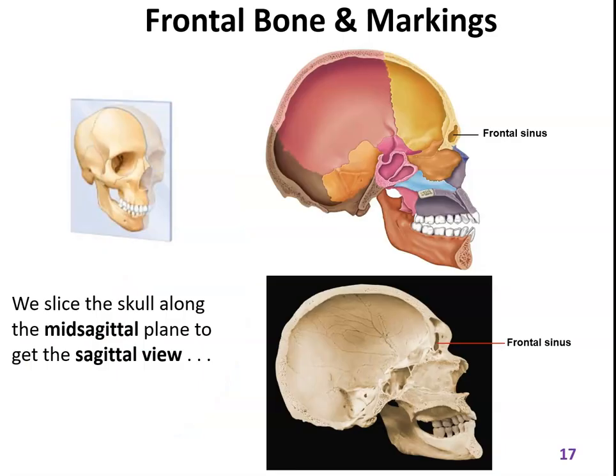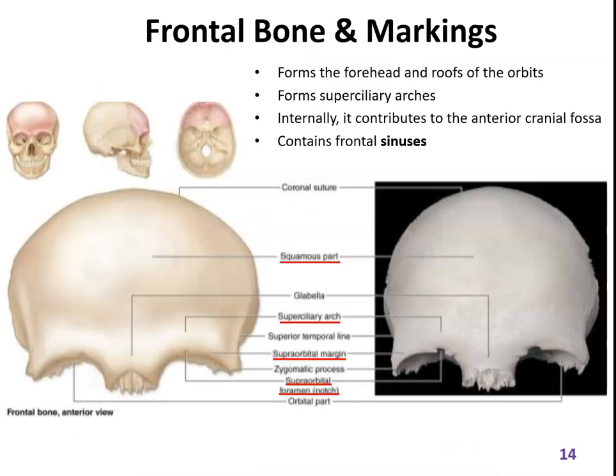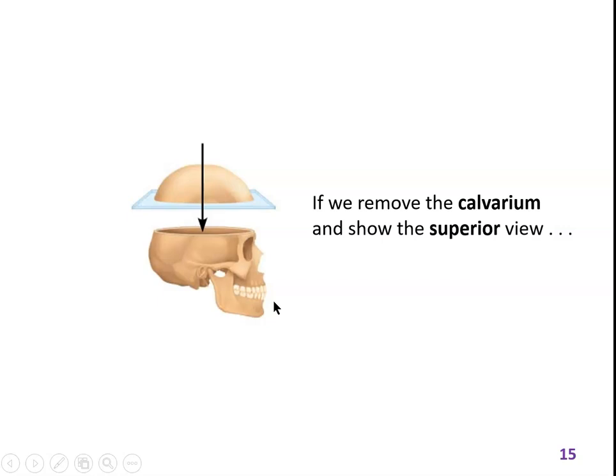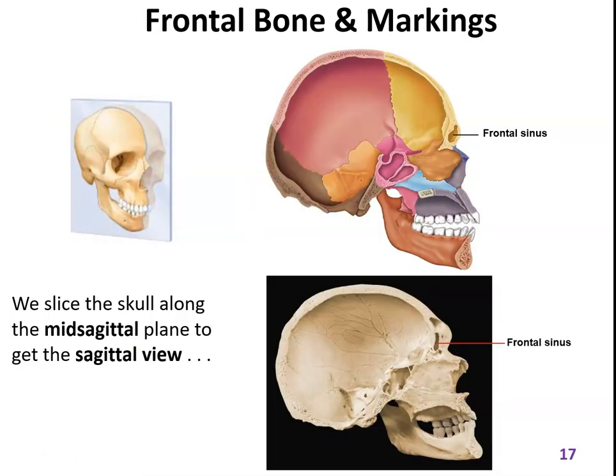We also, if we see a sagittal view of the brain, we see all these weird structures. Well, here would be the frontal bone. And the frontal bone has this weird shape because it curls back around to the sides, and it forms the upper part of the orbital cavity.